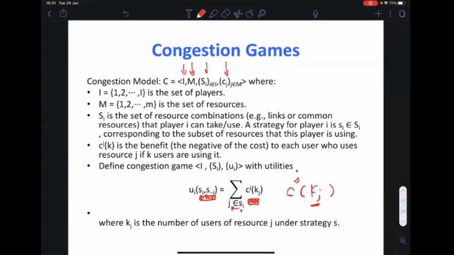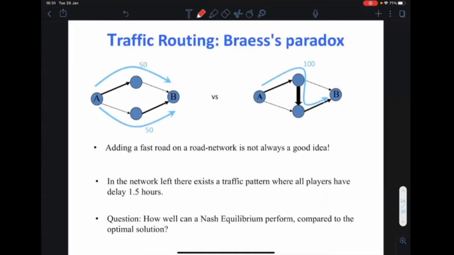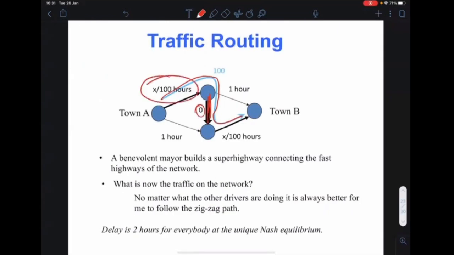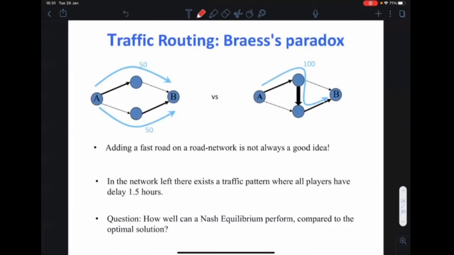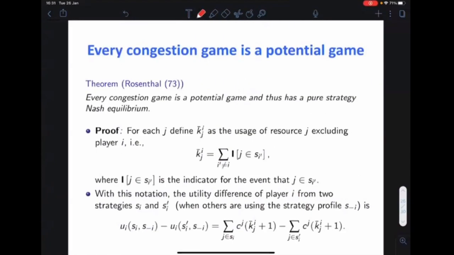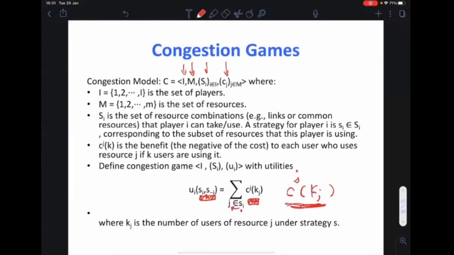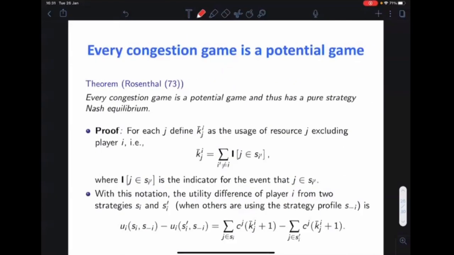For example, c would be the function that we specified here, and it also depends on x, the number of people who are using that resource. So this is a simple mathematical definition of that.